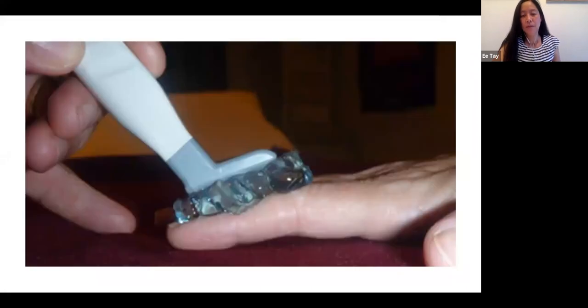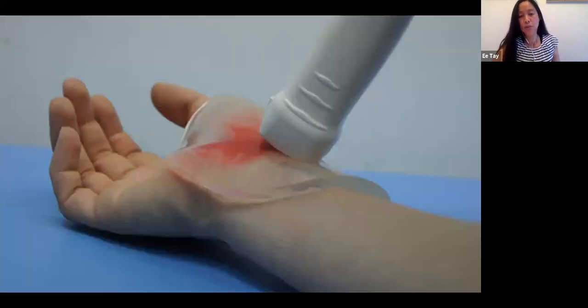Another thing that you can use is lots and lots of gel, and then really don't press down on it, and use that gel to conduct the sound wave to optimize your image, as seen here. They do sell commercial pads that you can use to mimic the same thing as a lot of gel or a water bath.